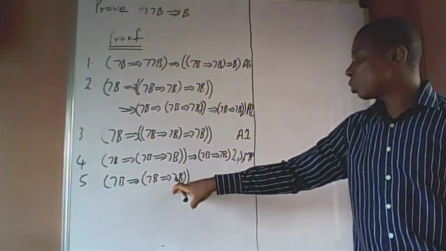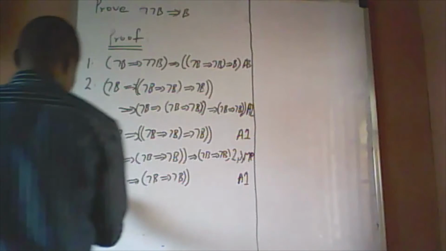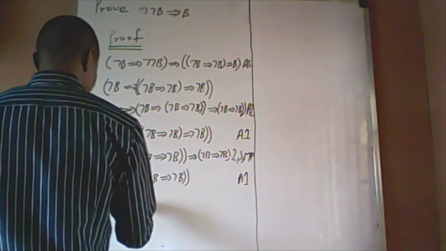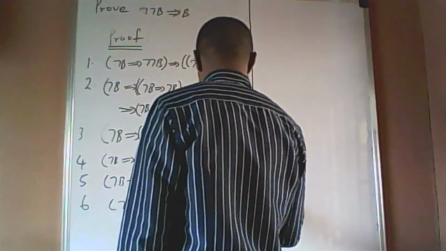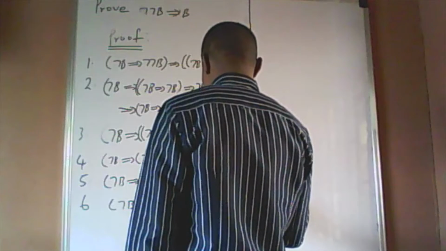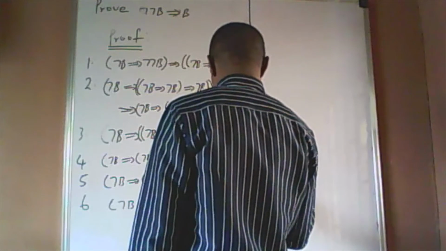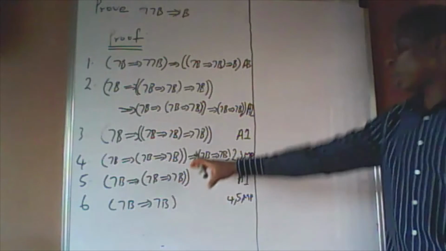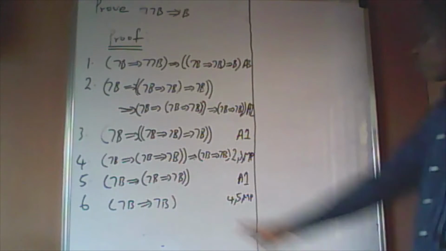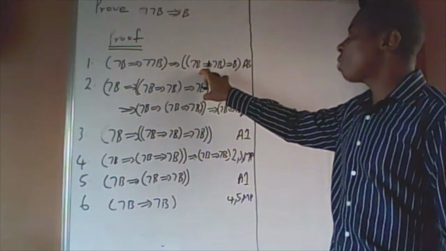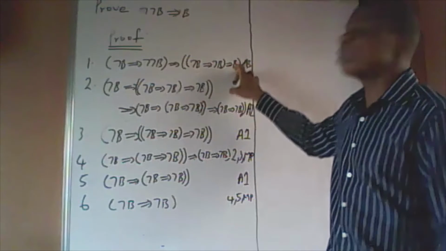So you can use it with modus ponens to derive not B implies not B. Yes, lines 4 and 5 use modus ponens to derive not B implies not B. Having proved that not B implies not B exists, we are going to conclude not B implies not B implies B as a theorem.